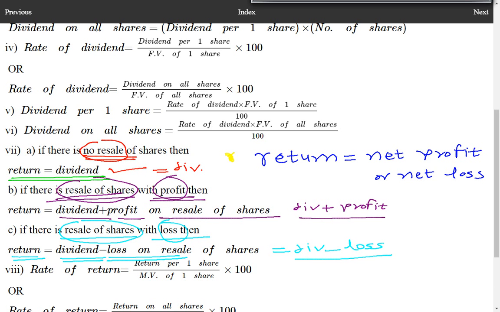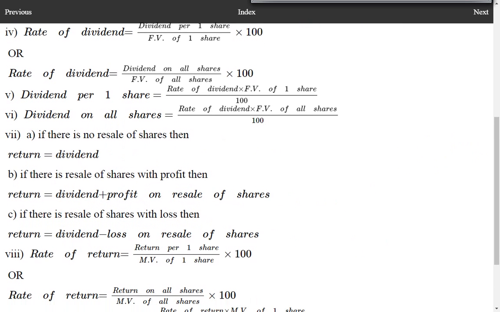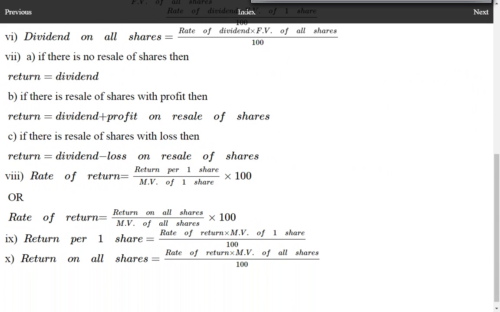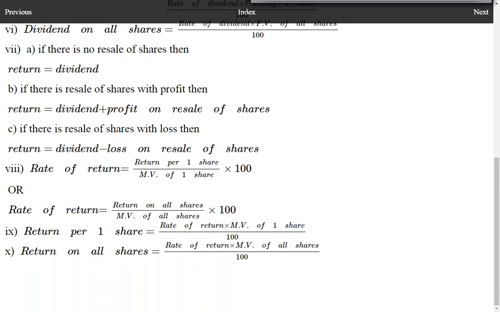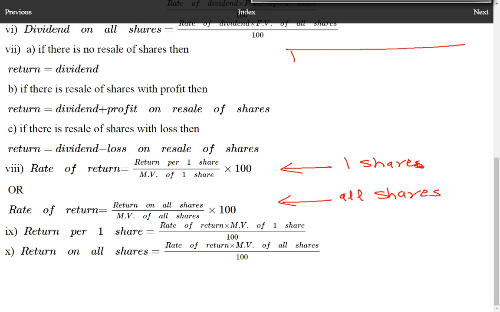Finally, we will see the formula for rate of return. So rate of return can be considered using one share or by considering all shares. So note the difference.